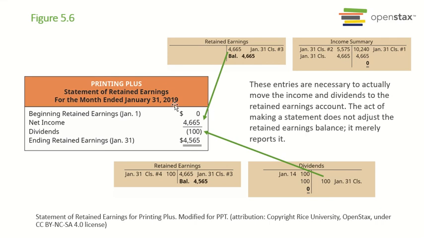So let's look at this statement of retained earnings. This comes here. That's your income, right? And then our dividend goes here. Now our ending balance of 4565 is our retained earnings balance of 4565.